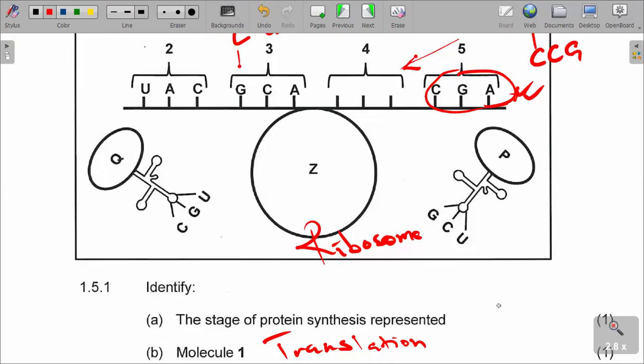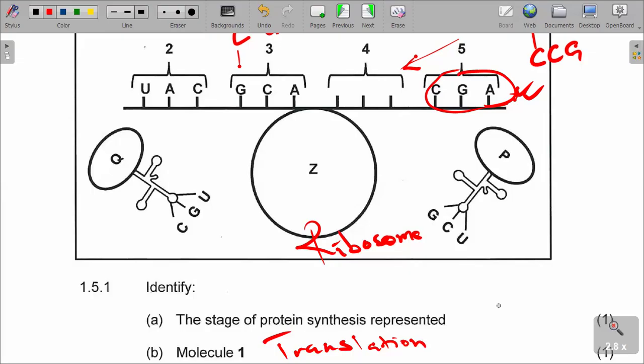The tRNA molecule pairing with CGA has the anticodon GCU, where G pairs with C, C pairs with G, and A pairs with what? With U. So the diagram shows the tRNA carrying amino acids.